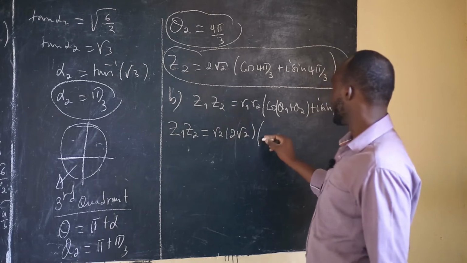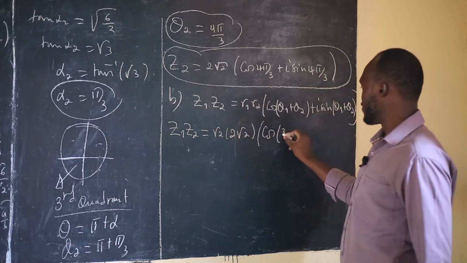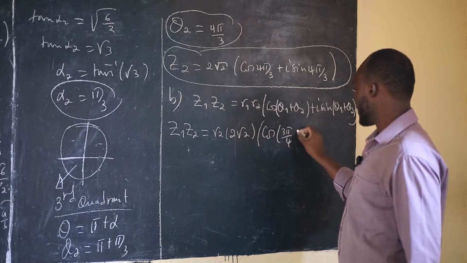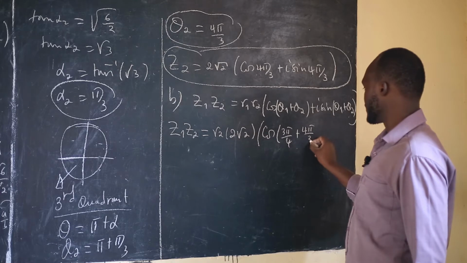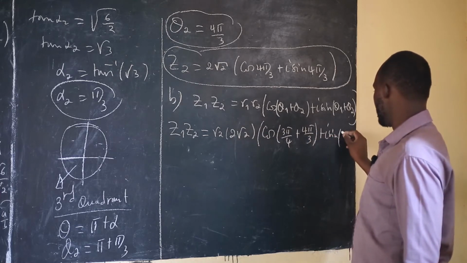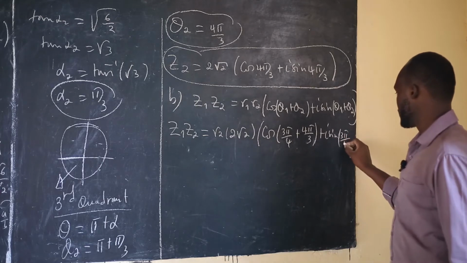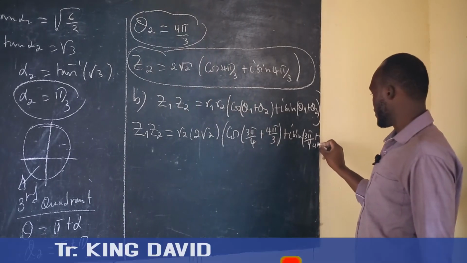Then into bracket cos. What is angle 1? Angle 1, if you remember, is 3 pi over 4, plus angle 2, which is 4 pi over 3. Then plus i sin of 3 pi over 4 plus 4 pi over 3.